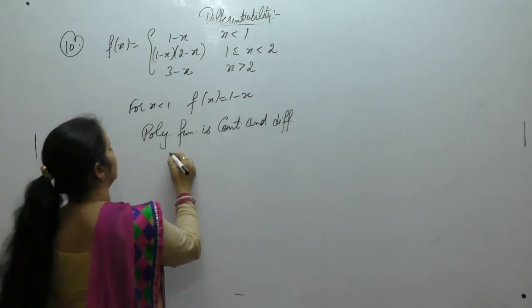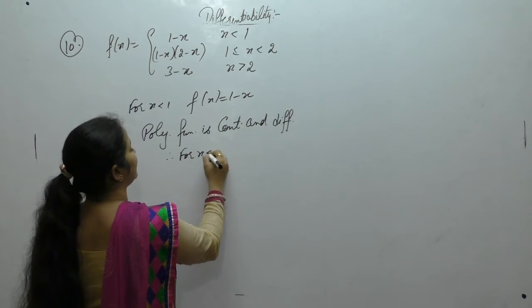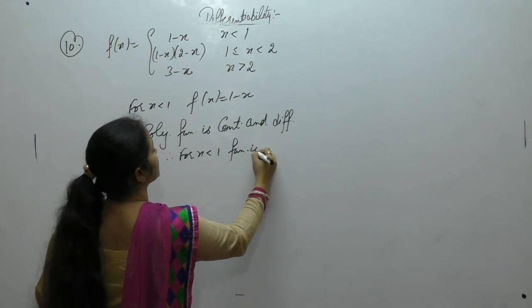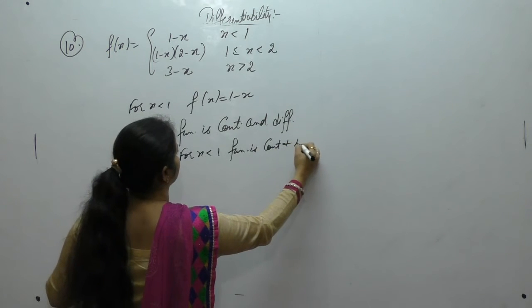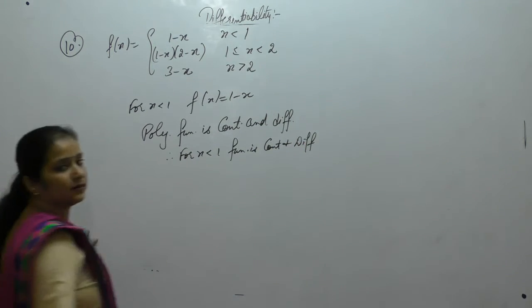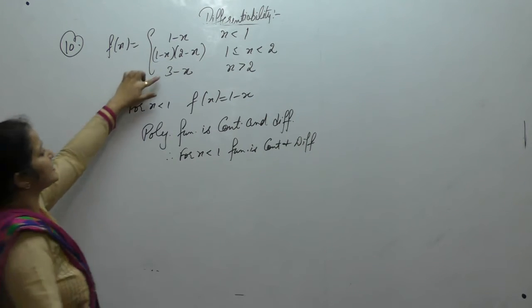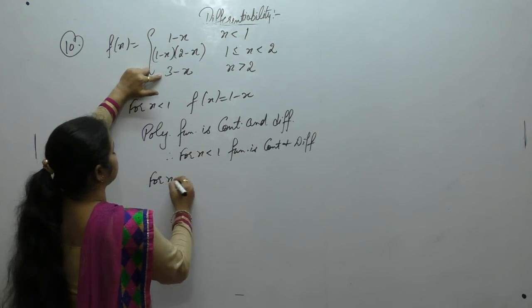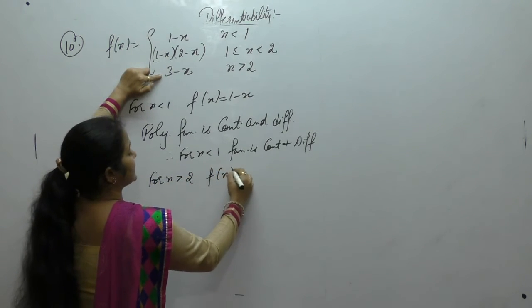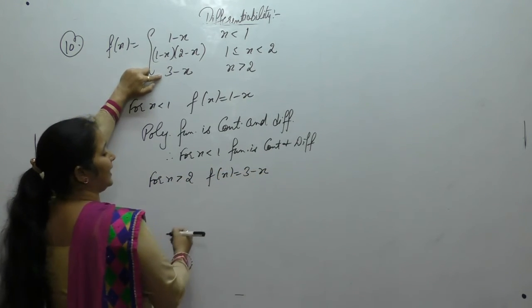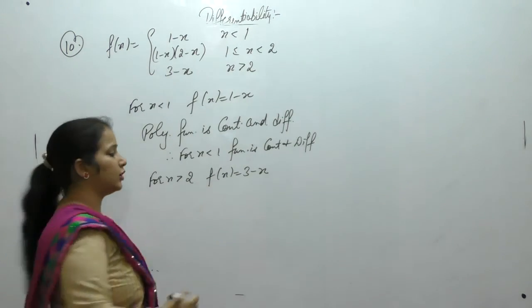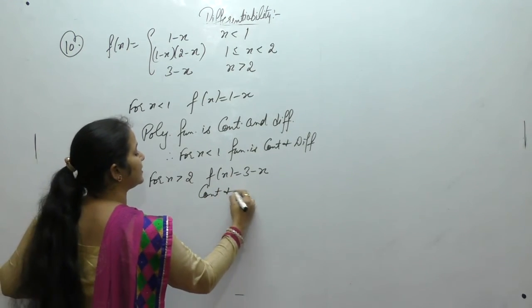Therefore, for x less than 1, the function is continuous and differentiable. Clear? Now for x greater than 2, f of x is 3 minus x. Again, polynomial function, continuous and differentiable.